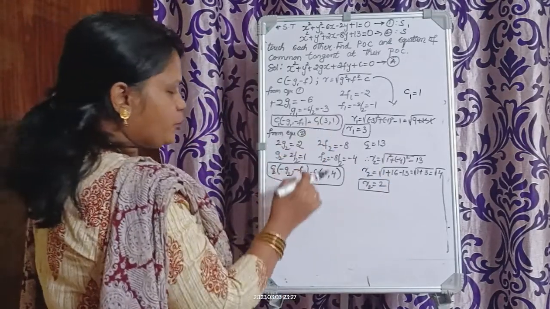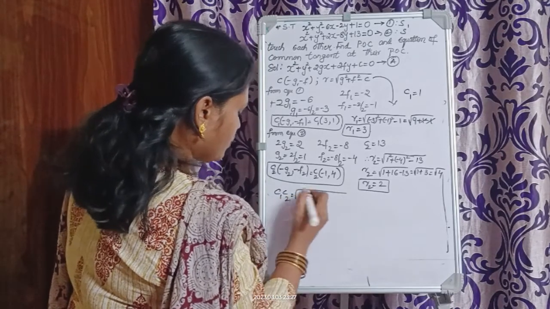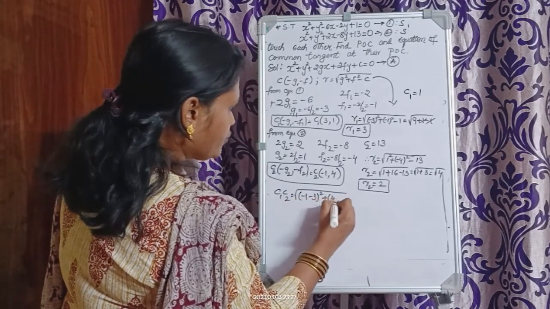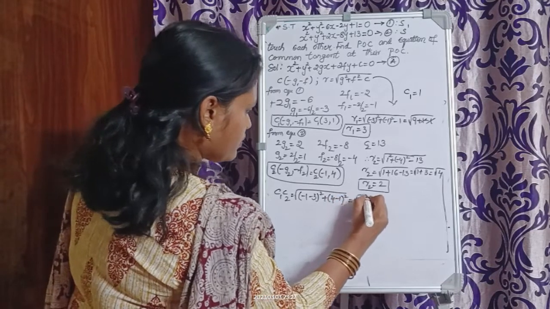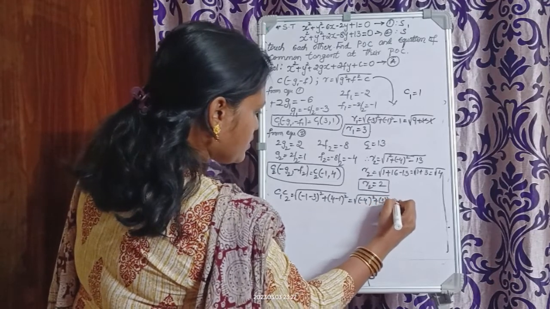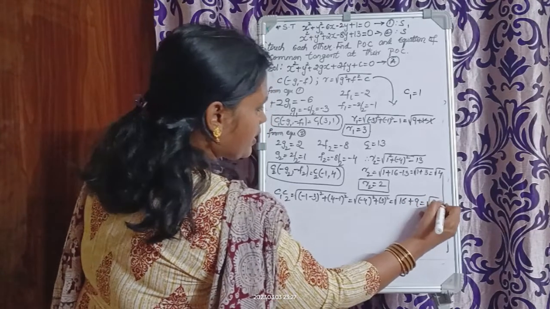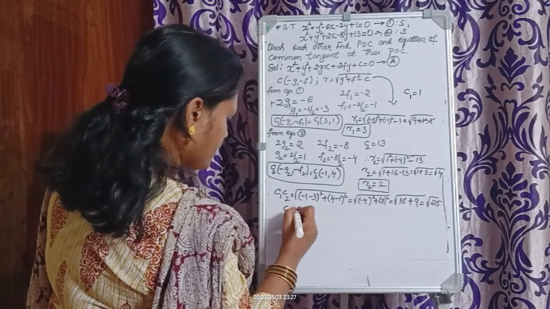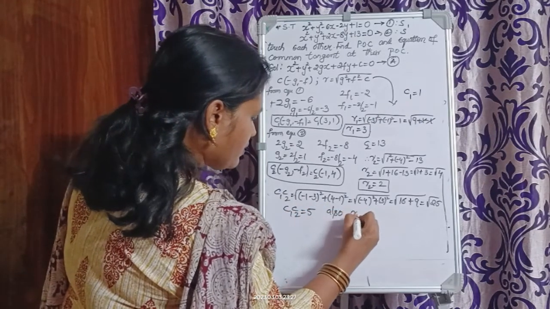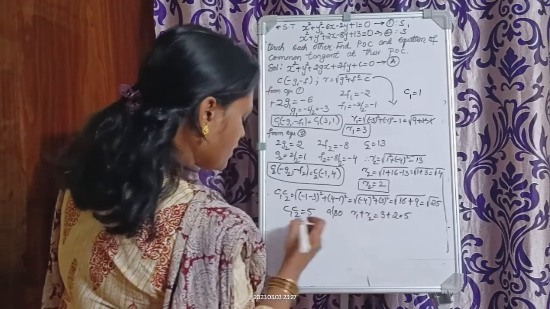We know if they are given 2 points, then the distance C1 C2 is given by square root of x2 minus x1 whole square plus y2 minus y1 whole square, which is equal to square root of minus 4 square plus 3 square, which is square root of 16 plus 9, square root of 25, or C1 C2 is equal to 5. Also, R1 plus R2 is equal to 3 plus 2, which is equal to 5.